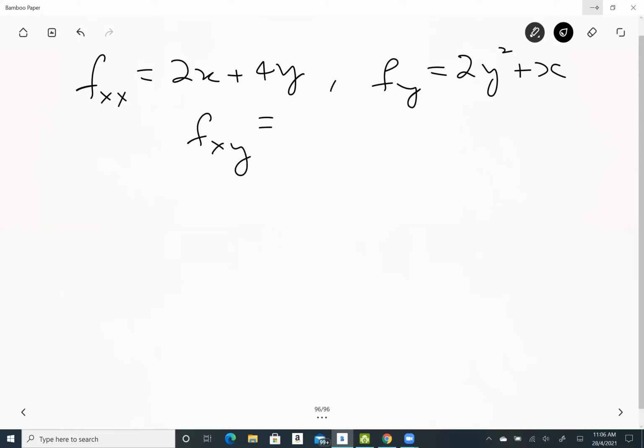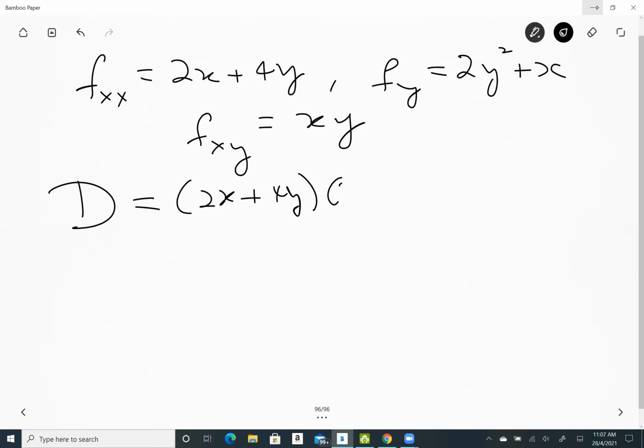Maybe this thing doesn't add up, but I just want you to see how we compute the D. And then let's say fxy is equal to x times y. So here you will see xy everywhere. Now don't worry about that. First thing that you need to do is you compute fxx times fyy minus fxy squared.